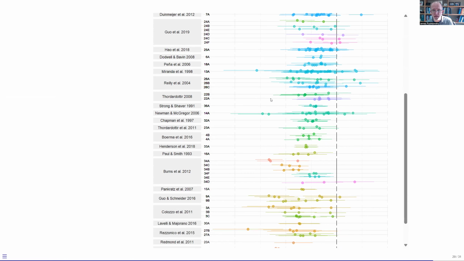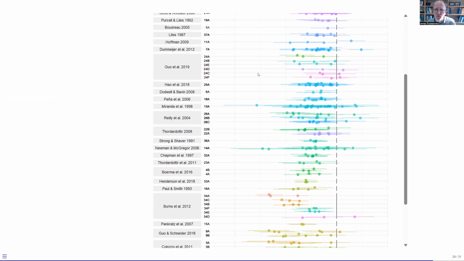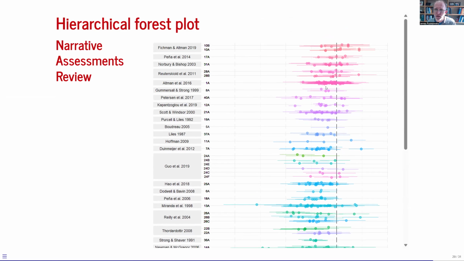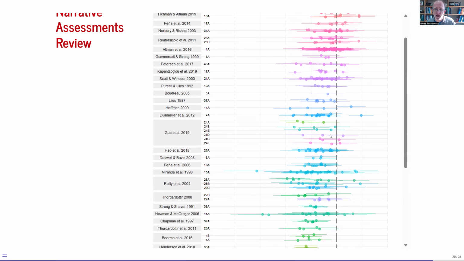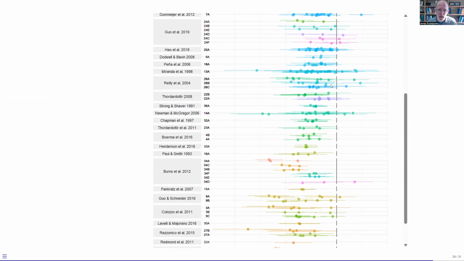Even though they're not necessarily outliers in the overall distribution, there may be outliers in the within-study distribution. And plots like this also raise questions about whether the degree of within-study variation is consistent from study to study. A lot of times the formal models that we would use for this sort of thing make that assumption, and so looking at plots like this can lead you to ask whether that assumption is reasonable.